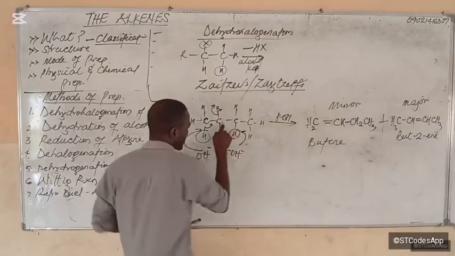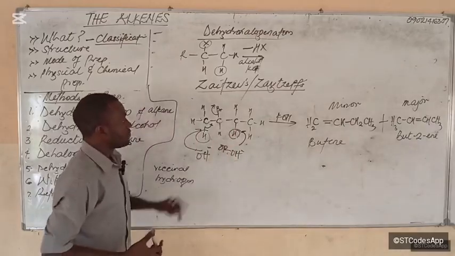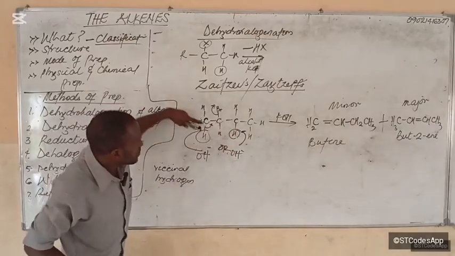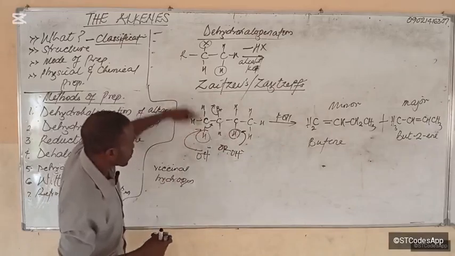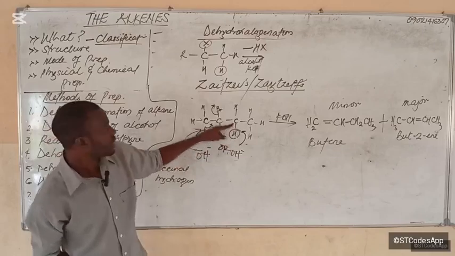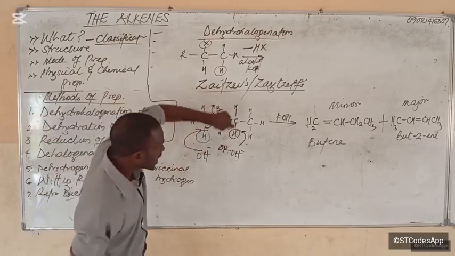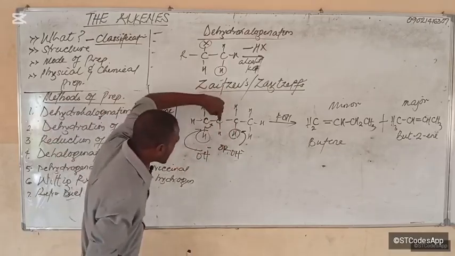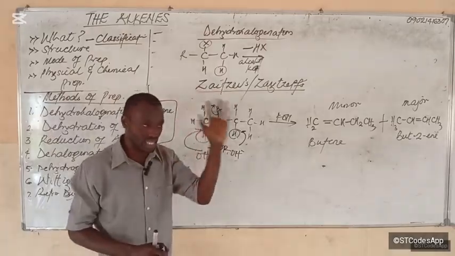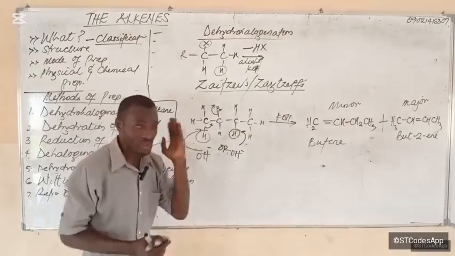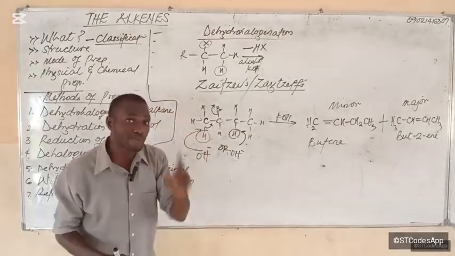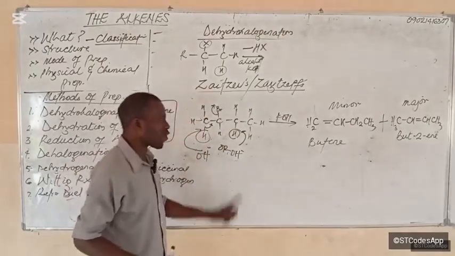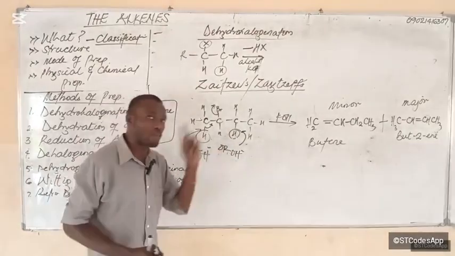All right, so looking at this carbon here now, this carbon here is less substituted than this carbon. I'm going to explain in two or three different ways so that you understand. The first way is that the hydrogen that will be abstracted will be the hydrogen of the most substituted carbon.